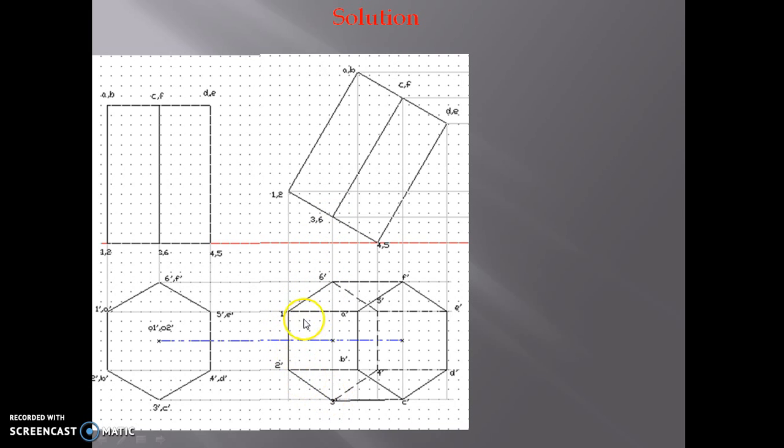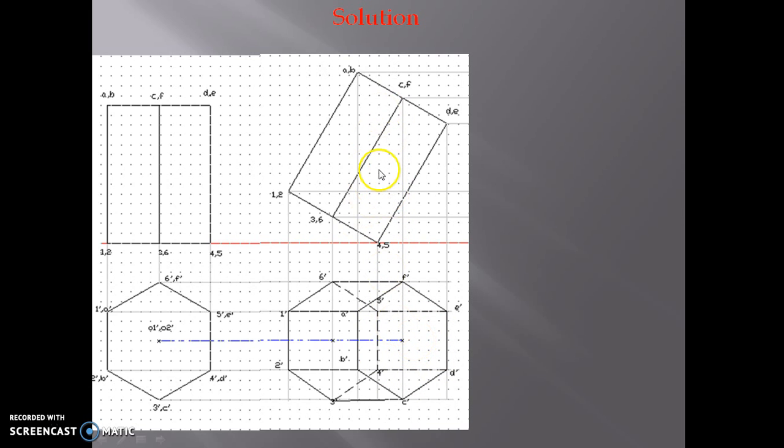That's why we have shown this in the second top view by continuous thick lines. Those edges which are not visible from the top view, we have shown here by dashed lines. As this upper end is towards the observer, all edges of the upper end are visible. That's why we have shown them in this second top view by continuous thick lines.